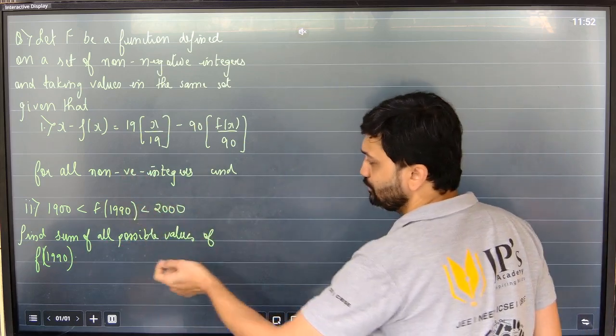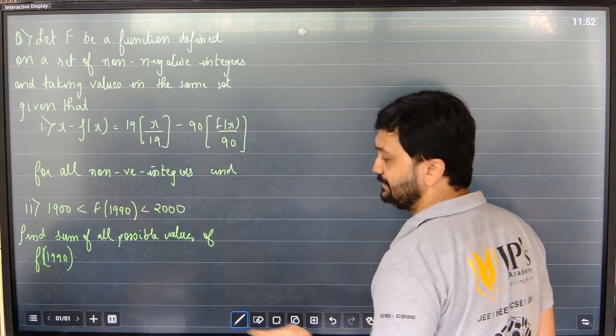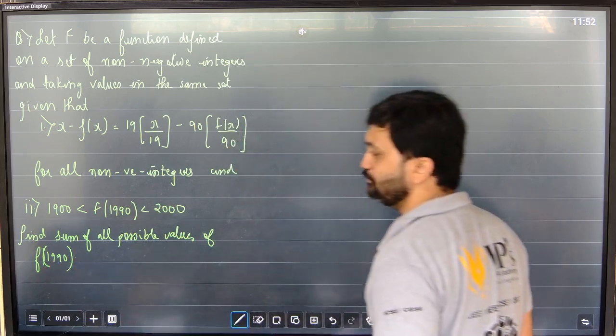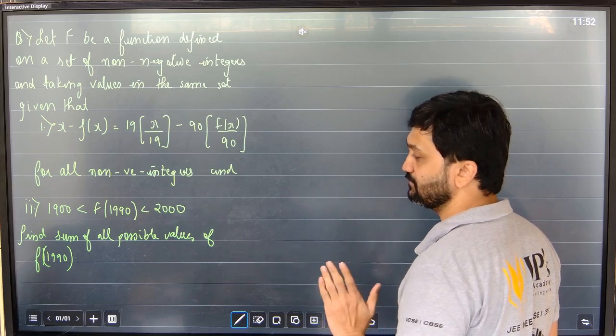Now, I have understood that this f of 1990 resembles f of x.